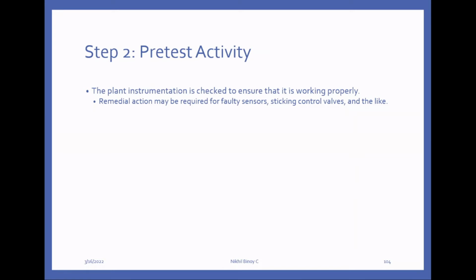If these are there, we have to take some remedial actions. A decision has to be taken to install sensors for some process variables that are not currently measured. If you are not measuring a controlled variable, then we have to take some decision regarding it.